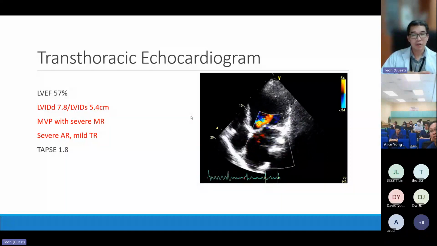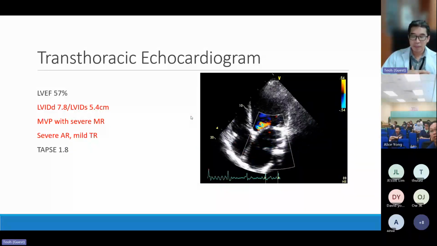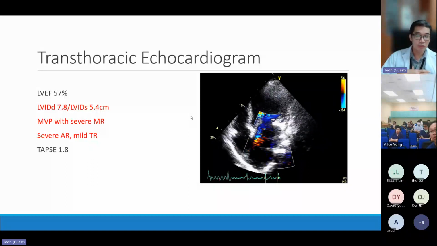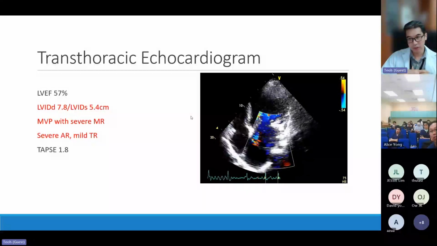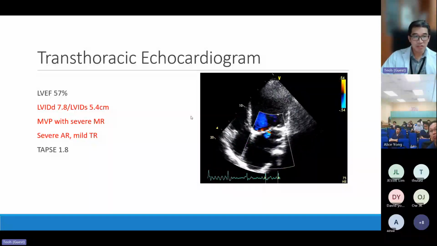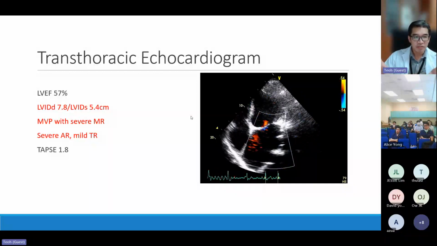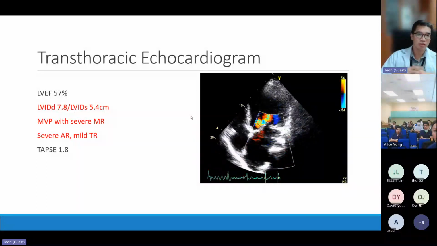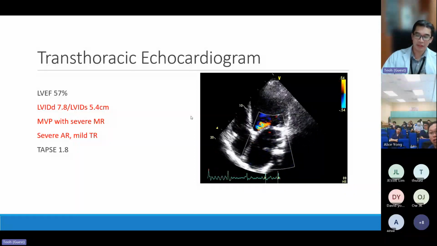EF is 57, but definitely in a patient with regurgitant valvular lesions, the EF is usually overestimated. So you expect his EF is about 40, maybe 35, it's not really 57. Anyhow, the TAPSE, the right ventricular function looks good, 1.8.